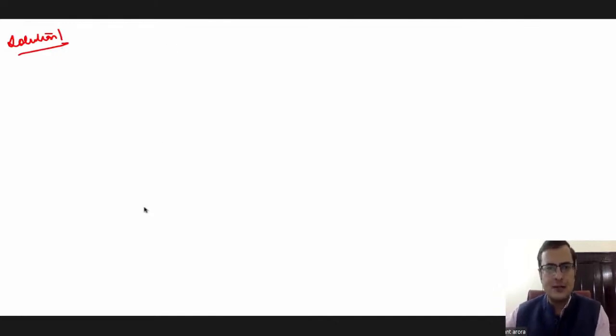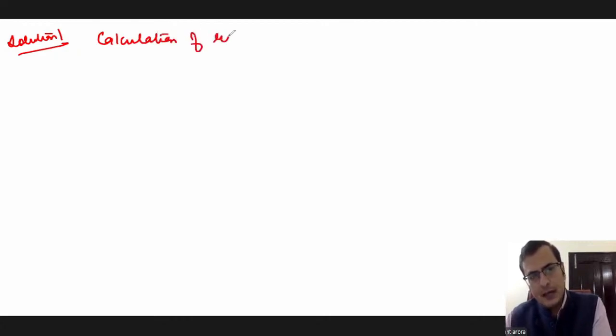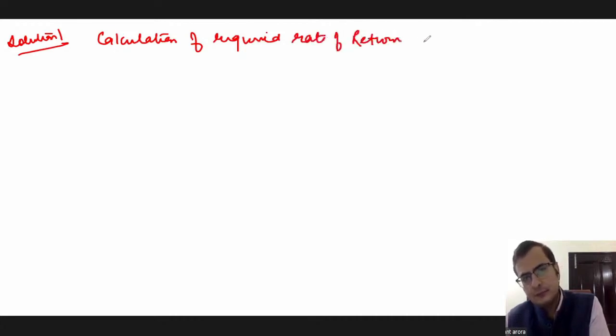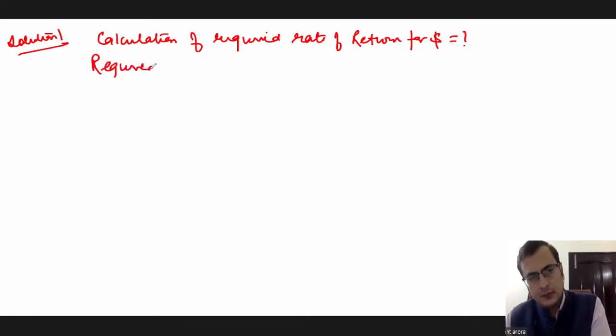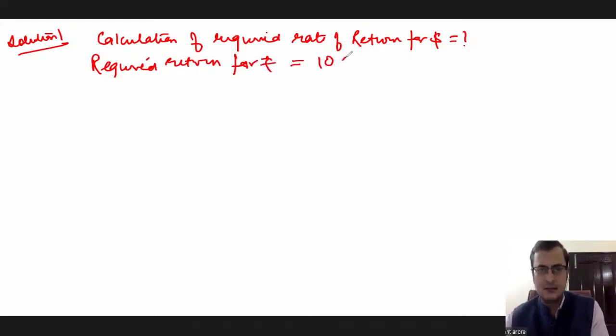So the first thing that you require is the calculation of required rate of return for dollars. Required return for INR is equal to 10%.